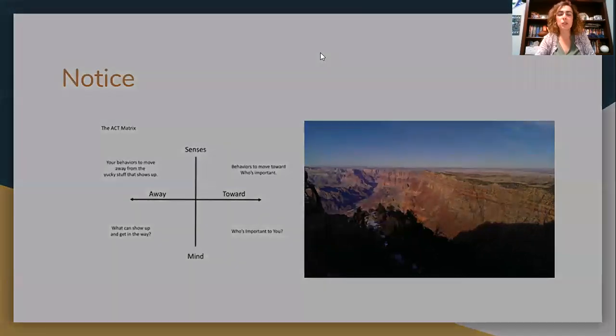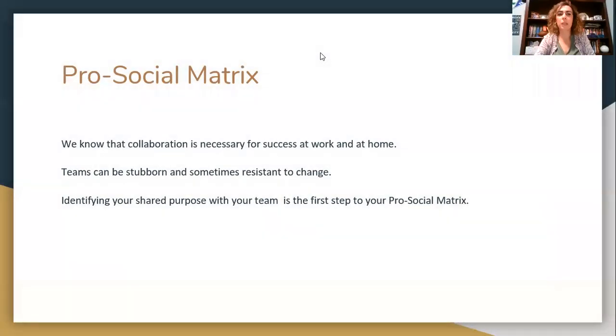So let's bring this towards our topic on how we can become really good collaborators with our teams, because we know how important it is to collaborate with our teams, whether we're at work or at home. We know that identifying a shared purpose with our team is really the first step to our pro-social matrix.